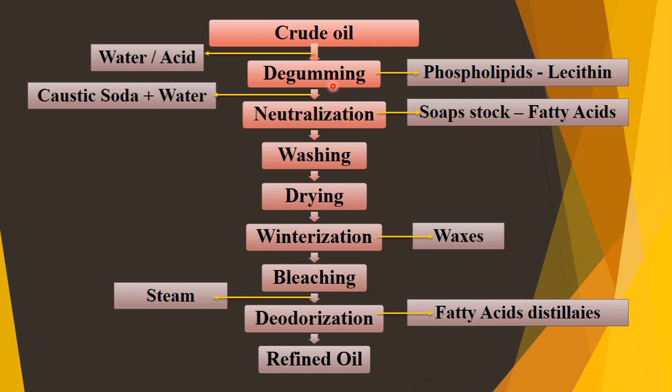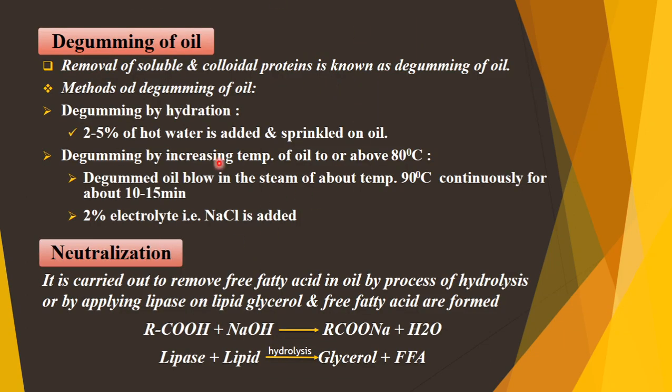Okay, so degumming by hydration takes place. There are two processes, that is degumming by hydration and degumming by increasing the temperature of oil to 80 degrees Celsius or more. In degumming by hydration, the oil contains phospholipids, for example lecithin, which is generally obtained in soybean. These phospholipid proteins and other colloidal impurities are present in dissolved state in that oil.